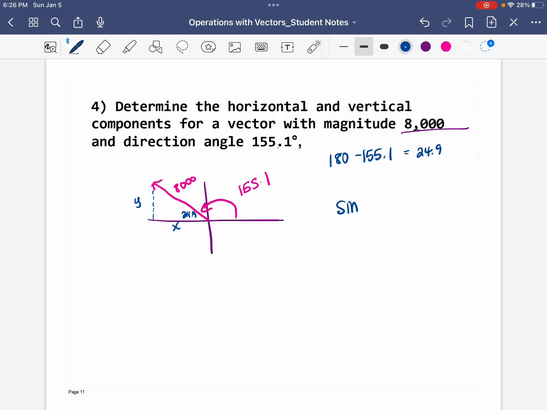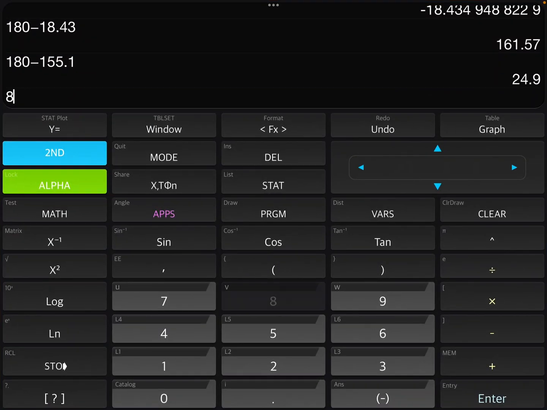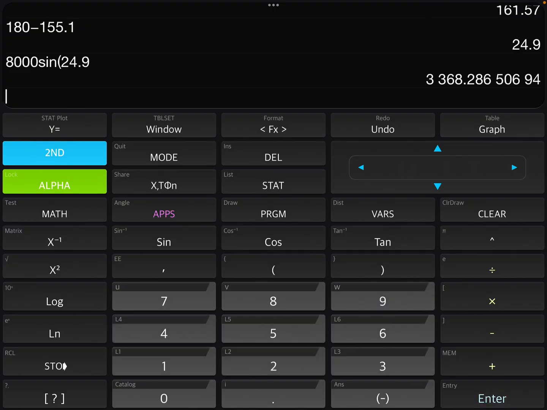So I would do sine of 24.9 is opposite over hypotenuse. And so then ultimately I'd multiply both sides by 8,000. And so I'm going to go to my calculator and put that in. 8,000 times sine of 24.9, and I get 3368.29.